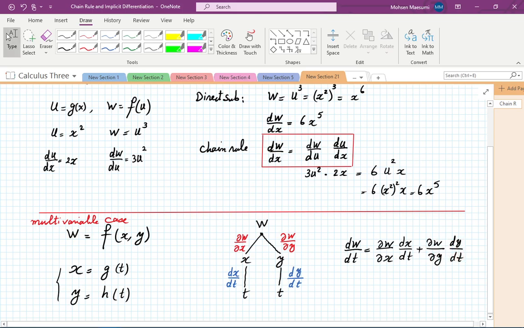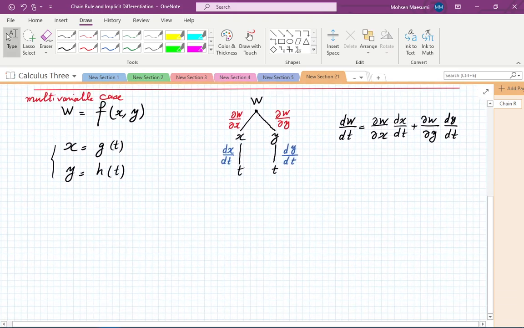Let's go ahead and apply this in a simple case so that it's clear what is meant by it, and then we come back and give a bit of an explanation here. This is essentially that total differential formula that we had in the previous section. So let's take a simple function. W is, say, x squared plus xy plus y cubed.